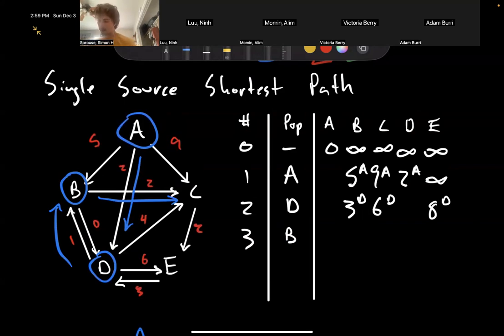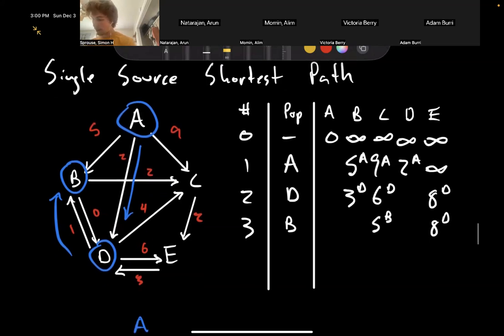So B can discover C with a combined cost: so far we've seen 2 to get from A to D, plus 1 to get from D to B, plus another 2. So I'm going to say that's 5. So we found this, and then let's see, B can get to E. No, it can't. So it's still 8 from D.